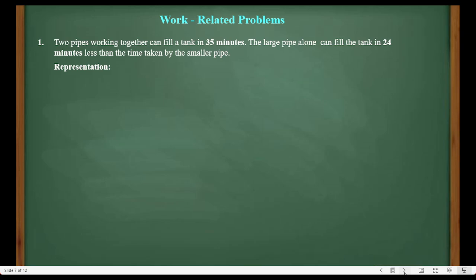Now, what is being asked from this problem? Most probably, how long will it take for each pipe alone to fill the tank? So I think that is what the problem is asking for: the time for each pipe to work alone to finish the task, which is filling the tank.